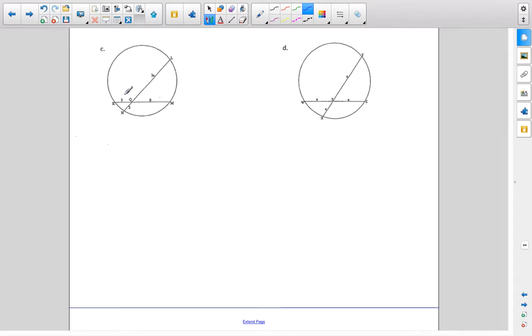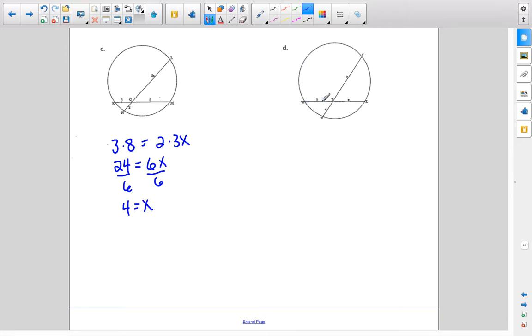Okay, again, we have two chords intersecting. So 3 times 8 will equal 2 times 3x. So we have 24 here, and 2 times 3x gives us 6x. So when I divide both sides by 6, x equals 4.